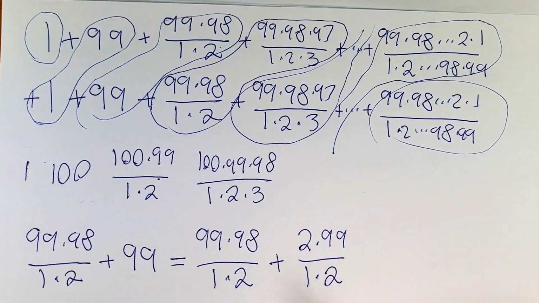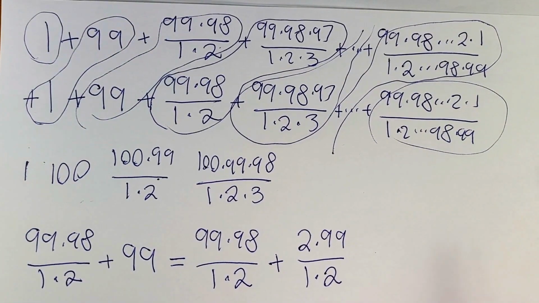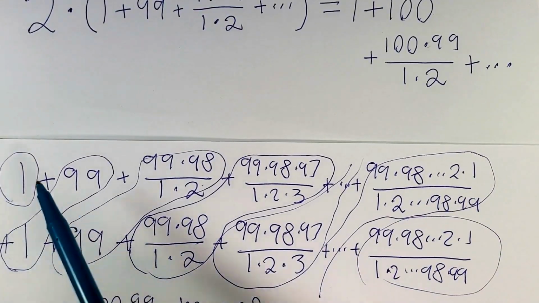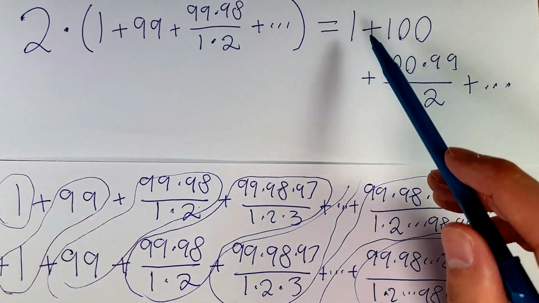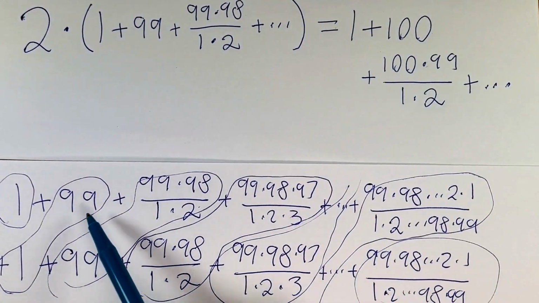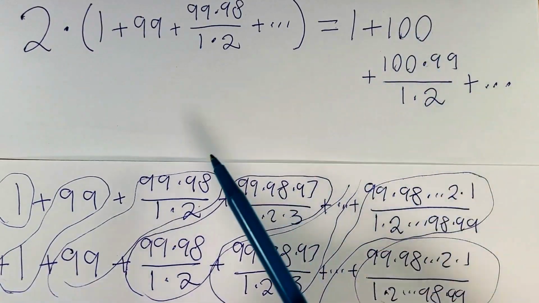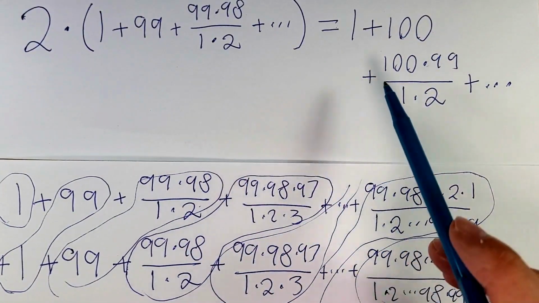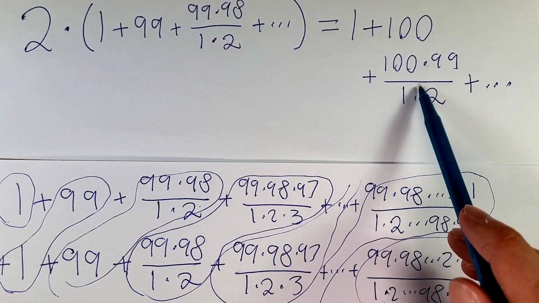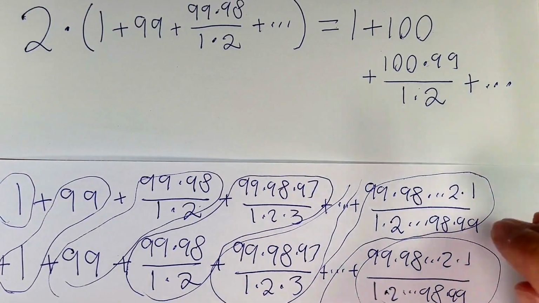I hope that by now you recognize the emerging pattern here. The idea is that this number is the same as this number here. The sum of these two numbers is the same as this number. The sum of these two numbers here is the same as this number, and so on and so forth.